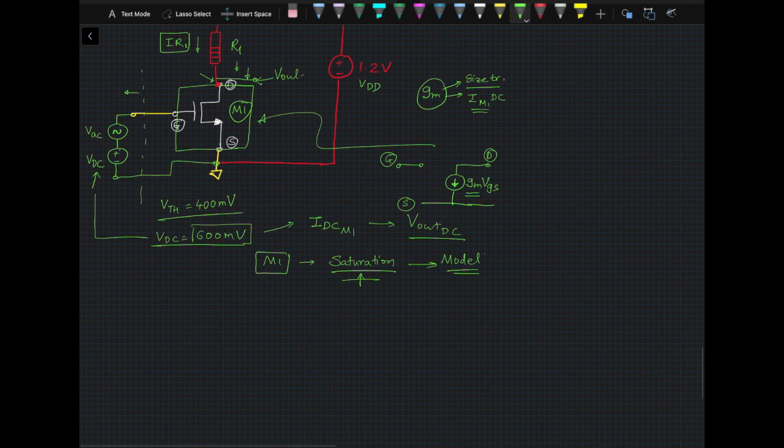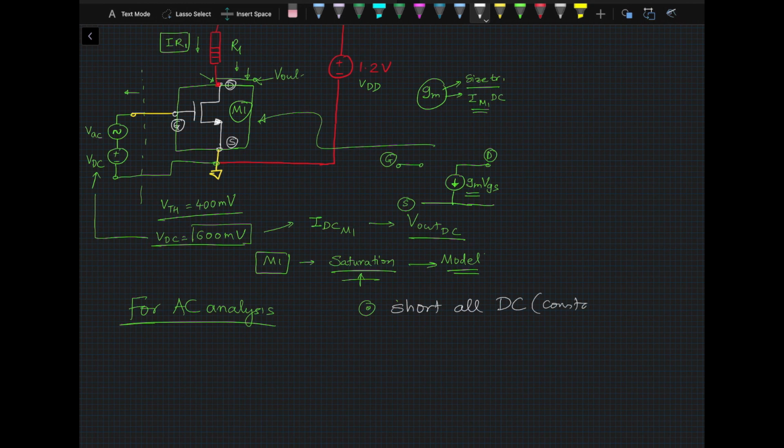The rule is as simple as this. First, for AC analysis, we would short all DC or constant voltage sources.